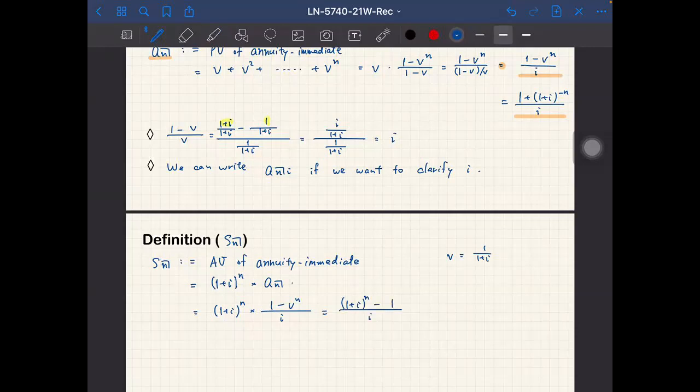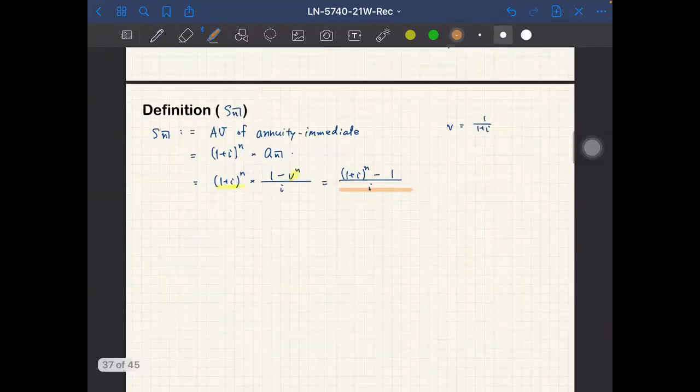Okay, so v to the nth power is (1 plus i) to the power negative n, so it cancels with the first term. So actually the formula for s angle n may be slightly simpler than the formula for a angle n. So we defined the annuity immediate and the present value and the accumulated value of annuity immediate as a angle n and s angle n.